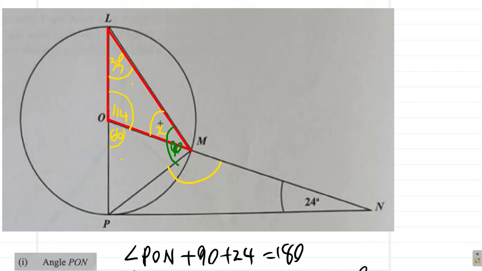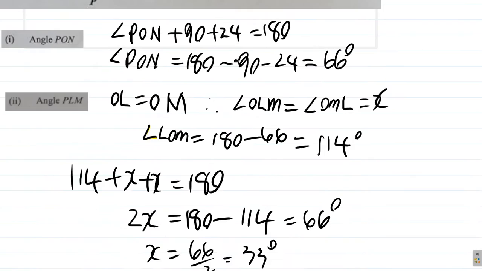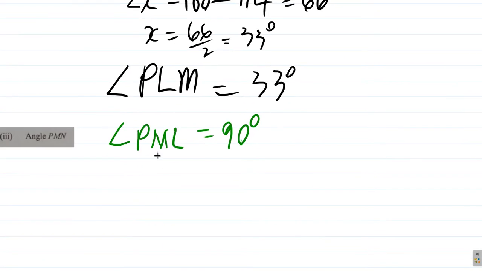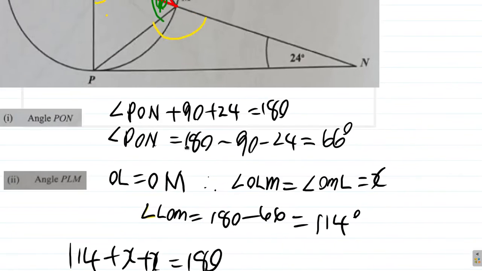We know that X here is 33. So you say OLM, OML equal 33 degrees. We established that already. Angle OML equals 33 degrees. Right?